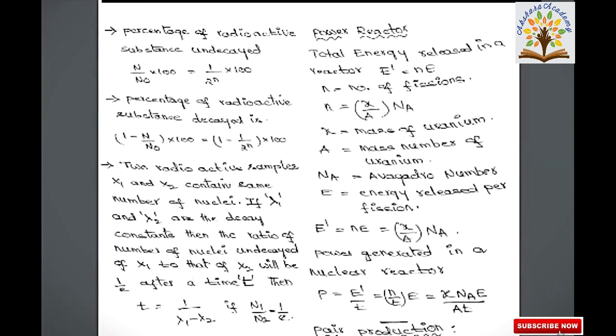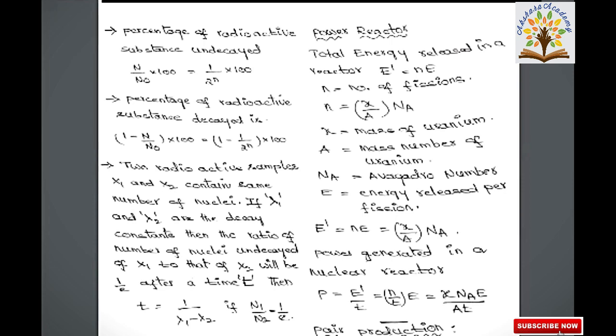And E represents energy released per fission. If it is uranium 235, then energy released per fission is equal to 200 million electron volts, or 3.2 into 10 to the power of minus 11 joules.